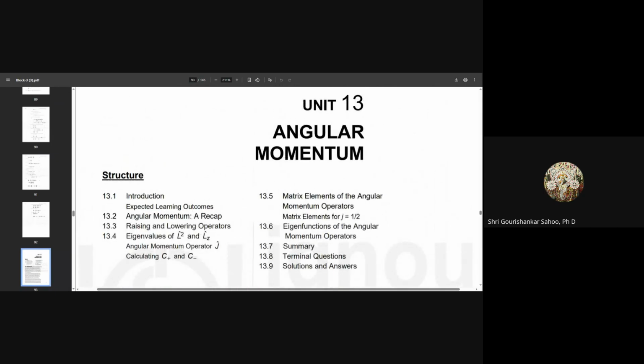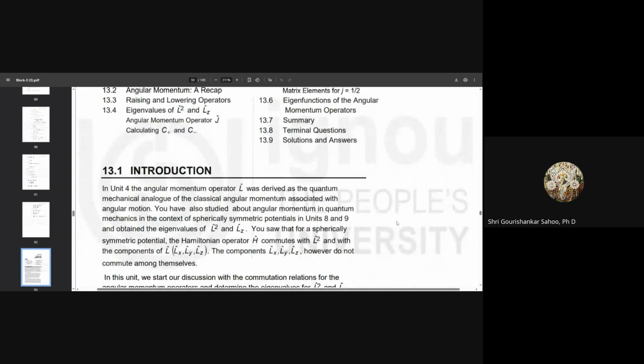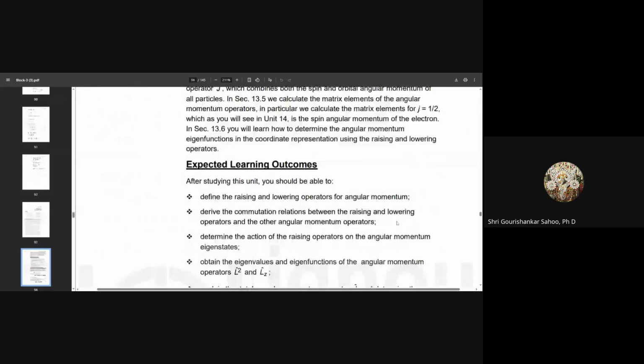Then angular momentum. We did not discuss it before, we will discuss it here. Then spin angular momentum, orbital angular momentum, all these things we can discuss in this course.